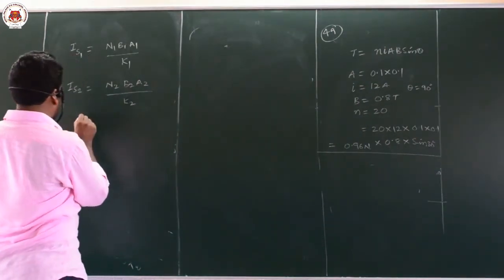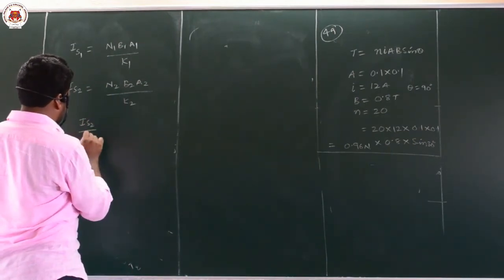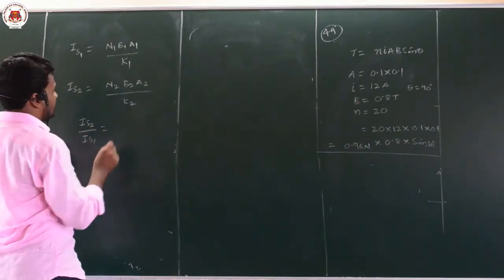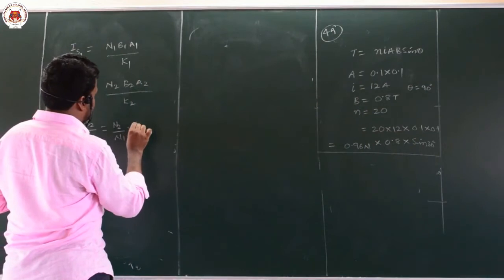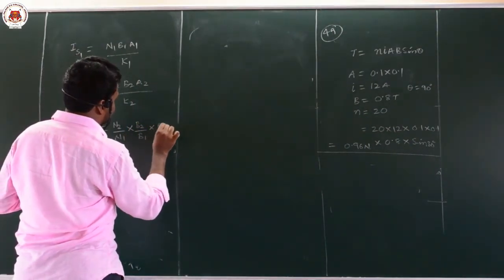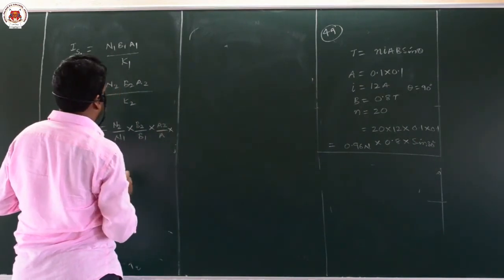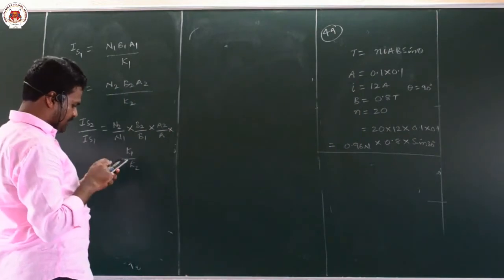So what is asked in your question is IS2 by IS1. So if you divide, N2 by N1 into B2 by B1 into A2 by A1 into K1 by K2. So what are the values given here?